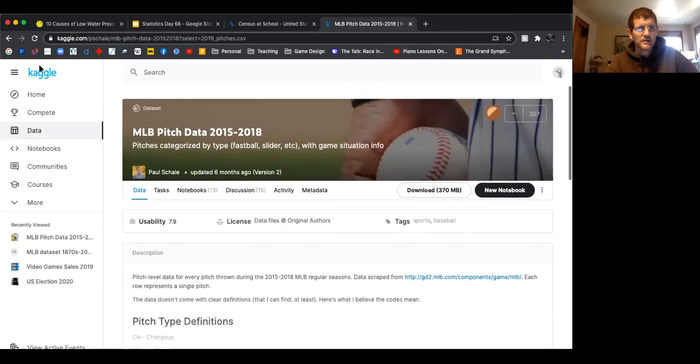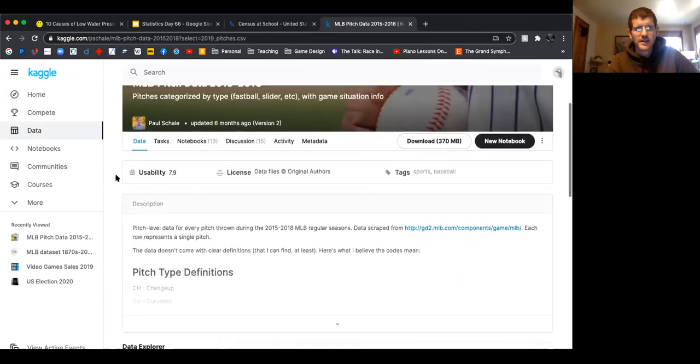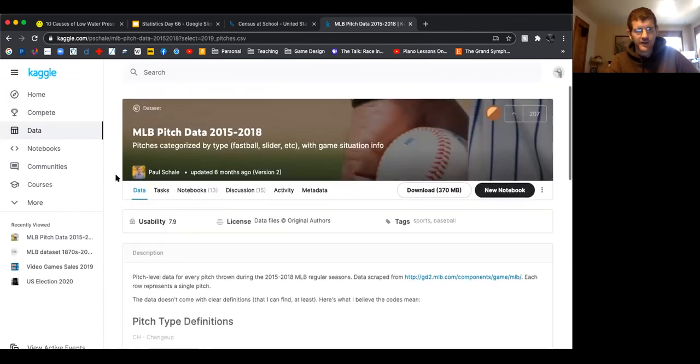So we got Kaggle, lots of data sets here. Notice that, and this is when I looked up last night just for fun, if you're into baseball and you wanted to look up data on pitches, like are pitchers throwing the ball faster than they did many years ago? Now this is pitch data from the last, or 3 of the last recent years. It's a huge data file, 370 megabytes.